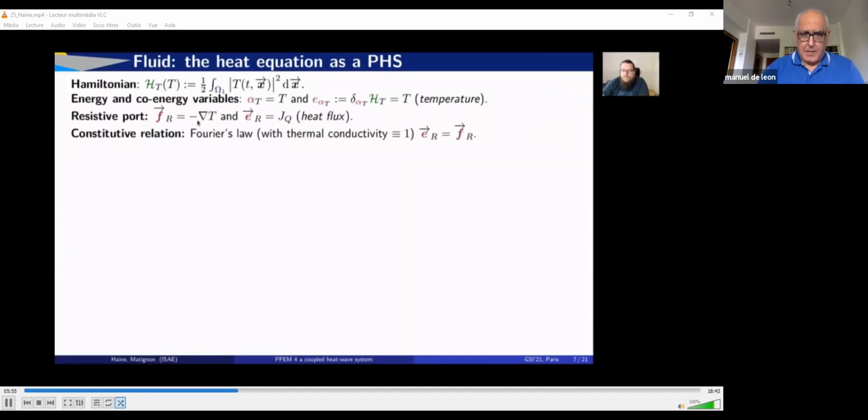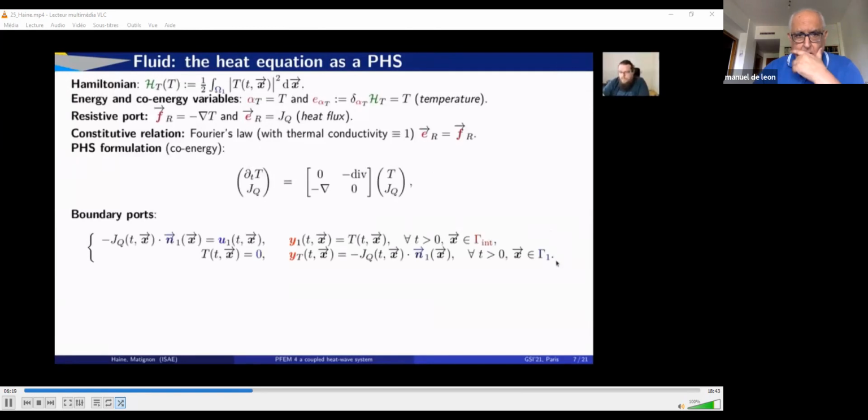The resistive ports are given by minus the gradient of the temperature and the heat flux. And the constitutive relation that is used to relate these two quantities is Fourier's law, with the PHS formulation in co-energy formulation given by this equation.